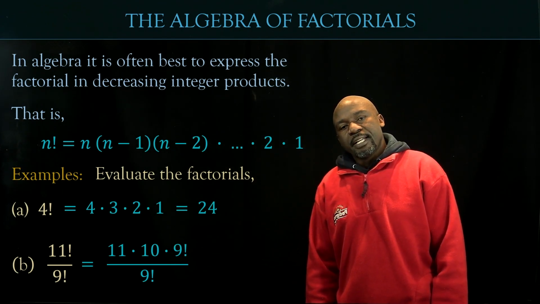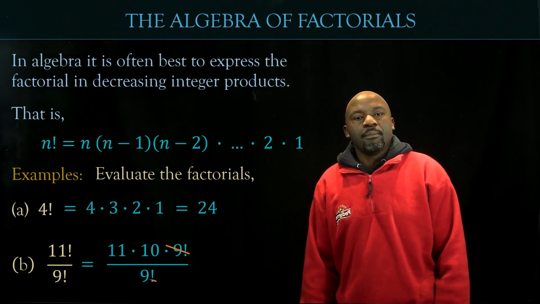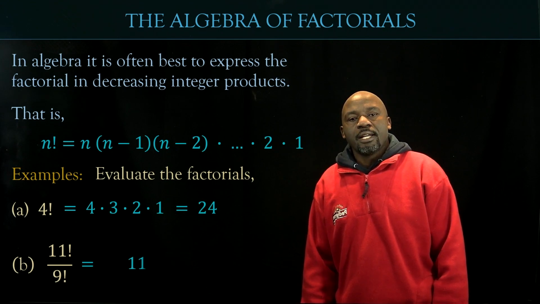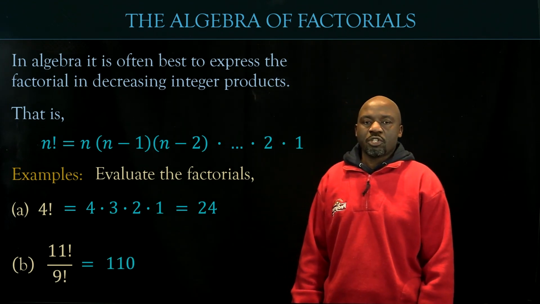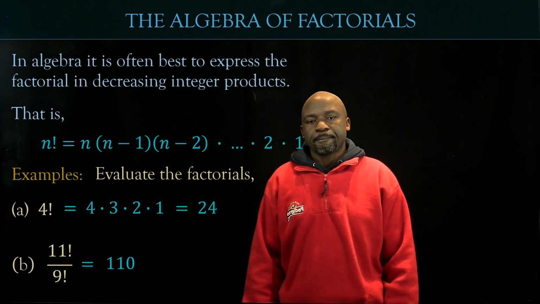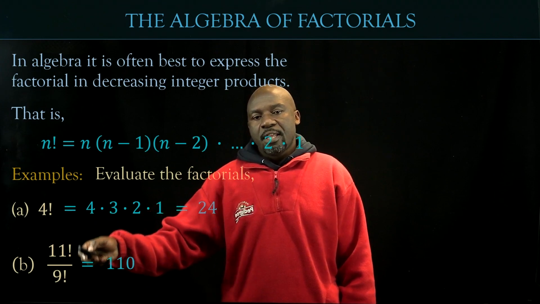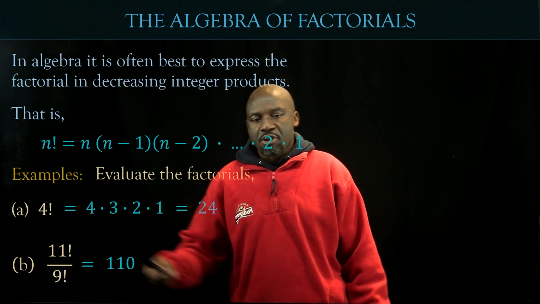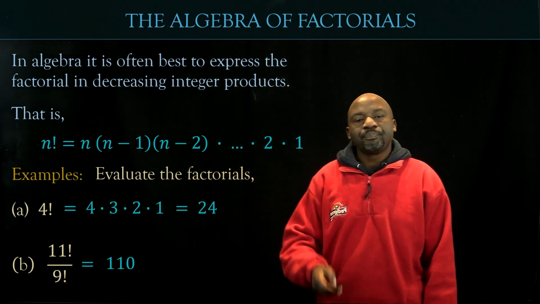And so dividing by 9 factorial, those two will disappear, and I'm left with 110. So 11 factorial divided by 9 factorial is just 110. I don't have to work out 11 factorial, then 9 factorial, and then try to divide. 11 factorial is in fact a very, very large number.